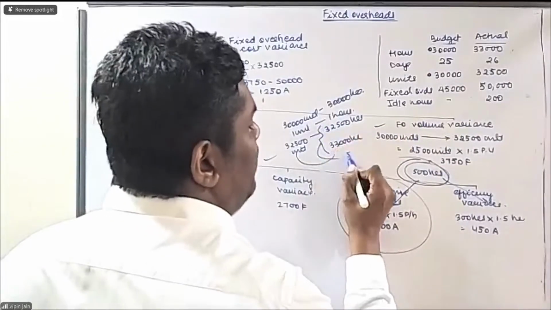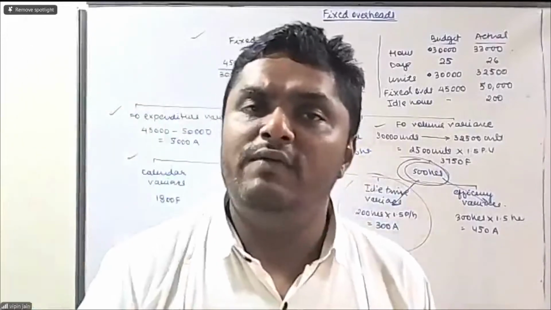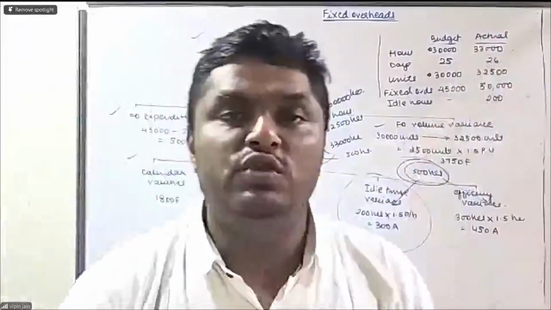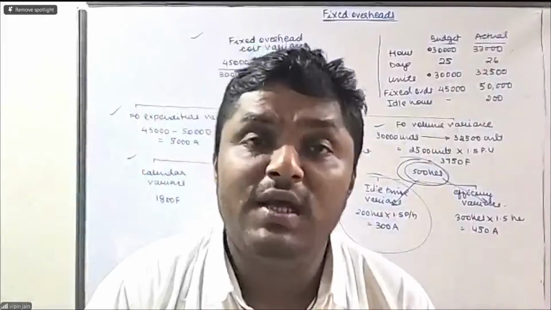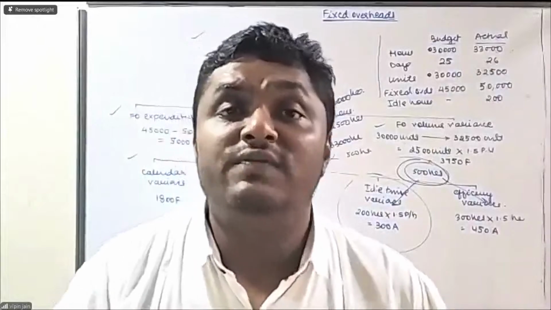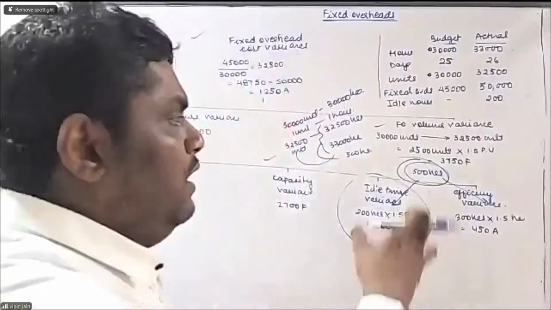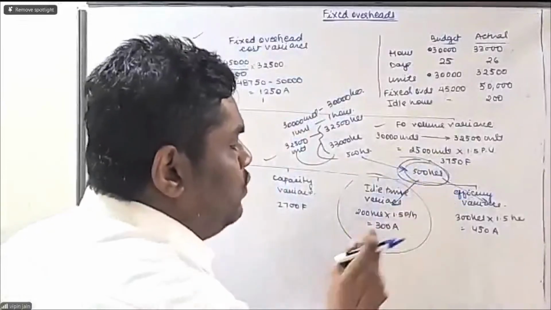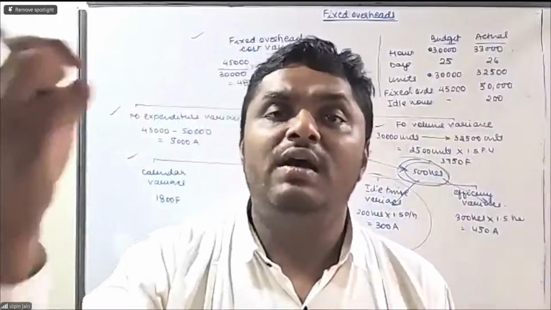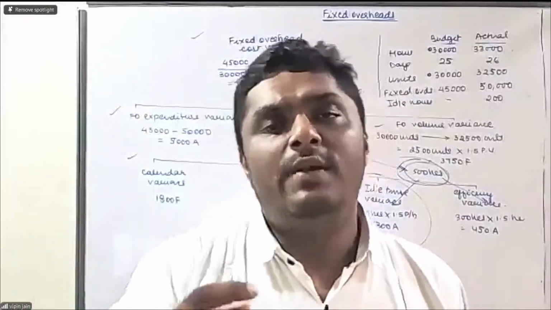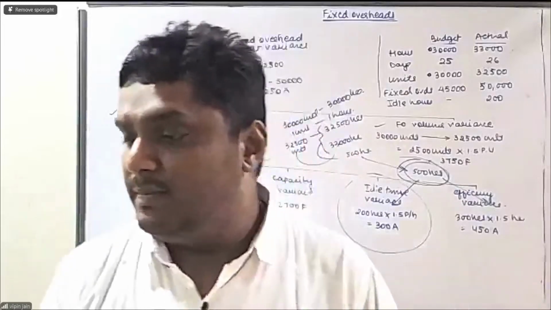So this is how I got 500 hours. Very simple. Again, one unit should take not more than 1 hour, so my 32,500 units should not take more than 32,500 hours. But instead, we actually took 33,000 hours. 500 hours extra we took. Of this 500 hours, 200 hours are my idle hours, and 300 hours is my inefficiency.